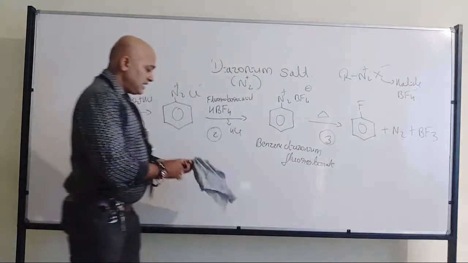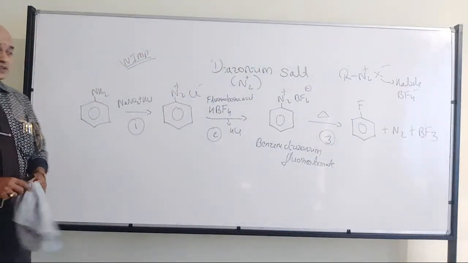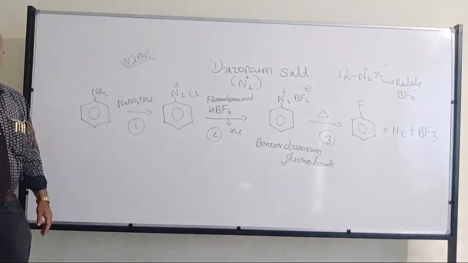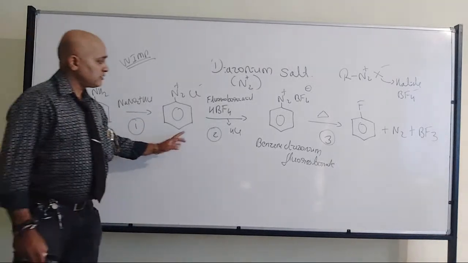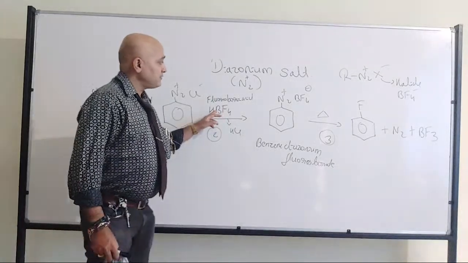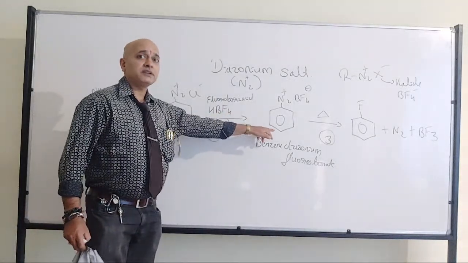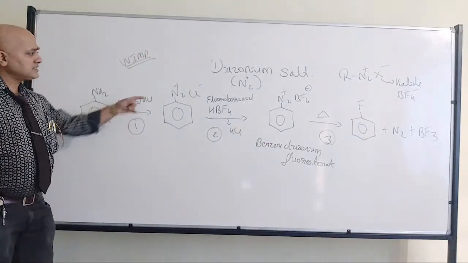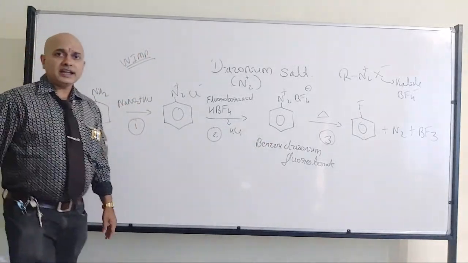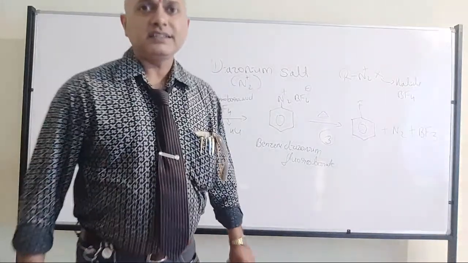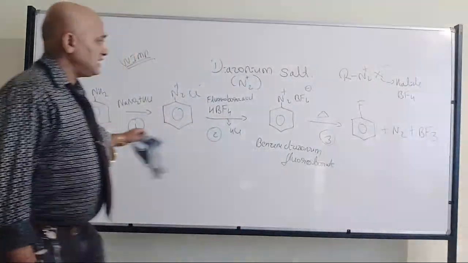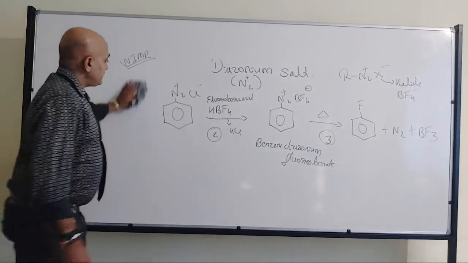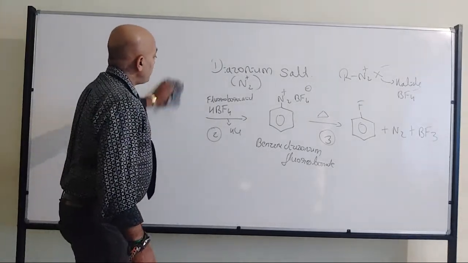Total we have 3 steps. First is conversion of aniline to benzene diazonium chloride. Next, treating with fluoroboric acid to get this particular product. Normally they will treat NaNO2, HCl and fluoroboric acid together. That is also fine, but we will go with splitting the equation. So that's where we have the conversion of aniline to fluorobenzene.